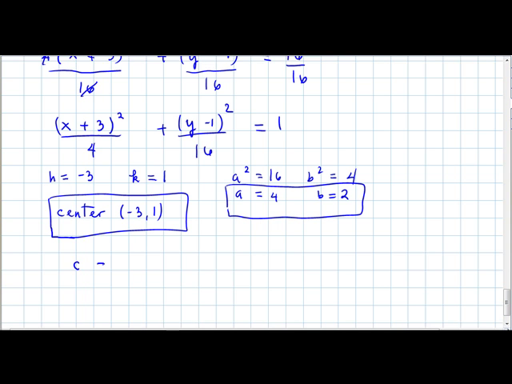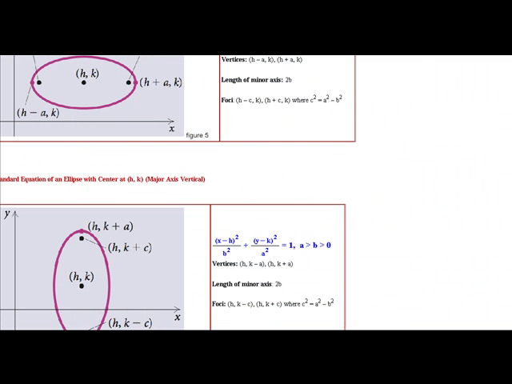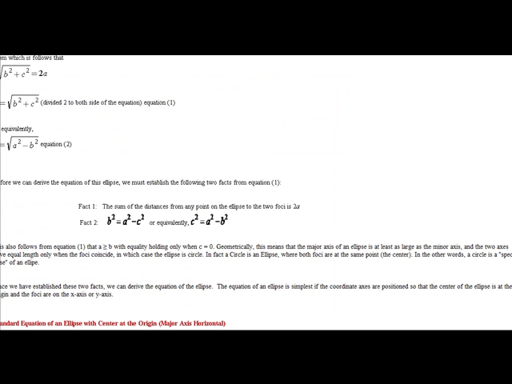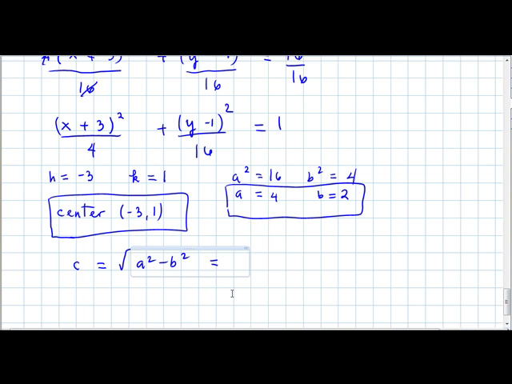Looking for c: c is equal to the square root of a squared minus b squared, based on our notes. So we have the square root of 16 minus 4.